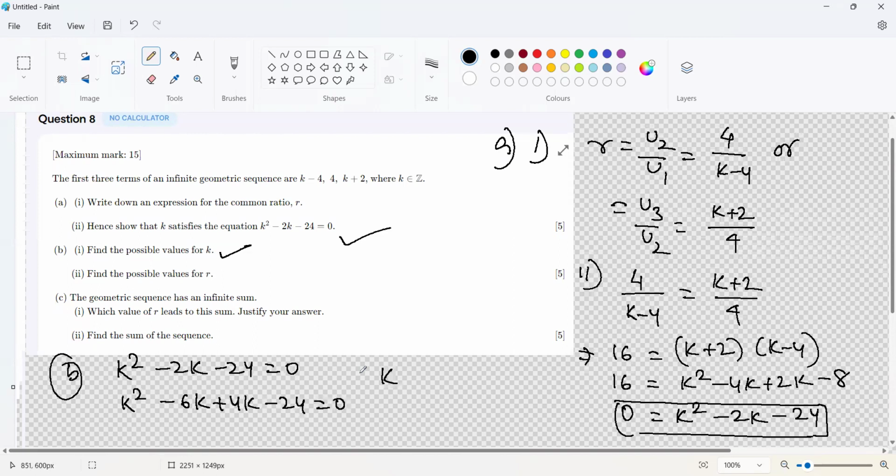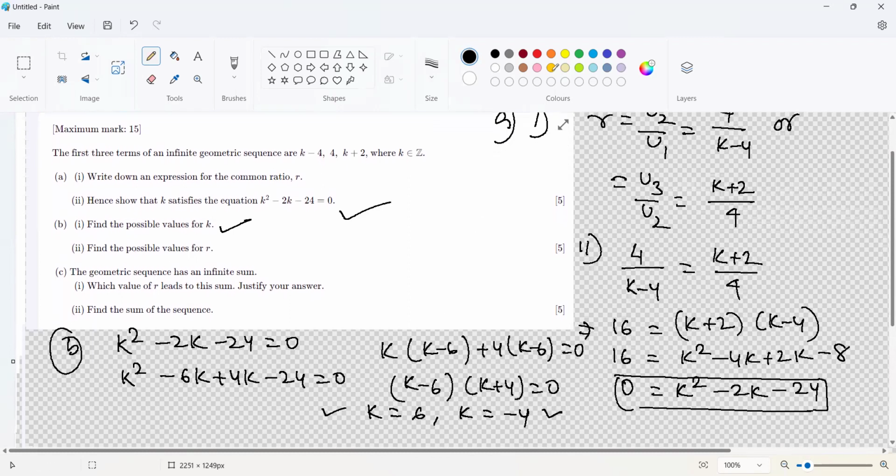So it will be k bracket k minus 6 plus 4 k minus 6. K minus 6, k plus 4 equal to 0. So what are the k values? K values are either positive 6 or negative 4. Positive 6 and negative 4 are the possible values of k.